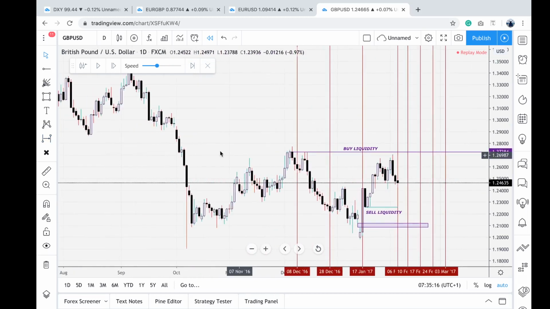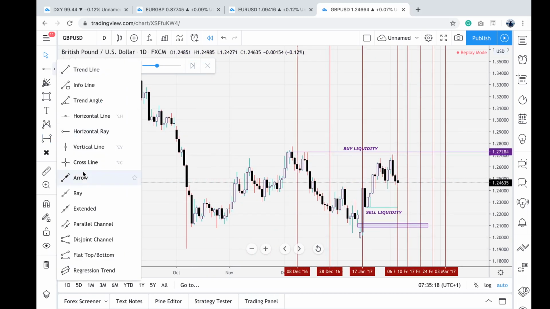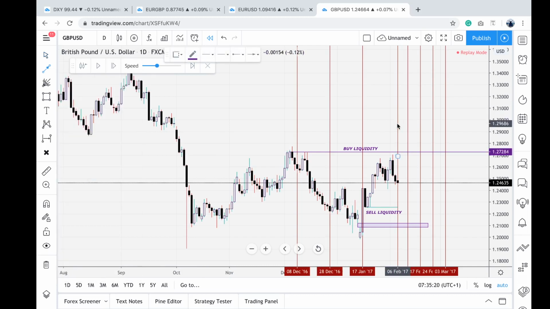Okay, so we're going to pull up our toolbars to draw up our ranges. For the 20-day IPDA, there's our range. For the 40-day IPDA, this is our range. And then for the 60-day IPDA, this is our range.